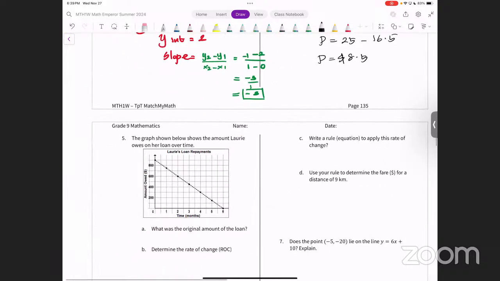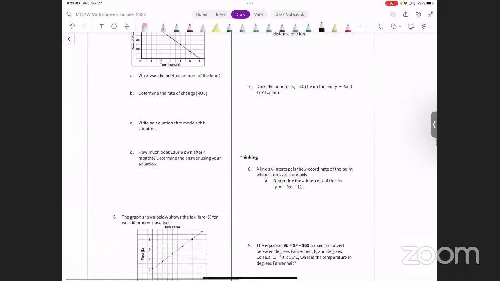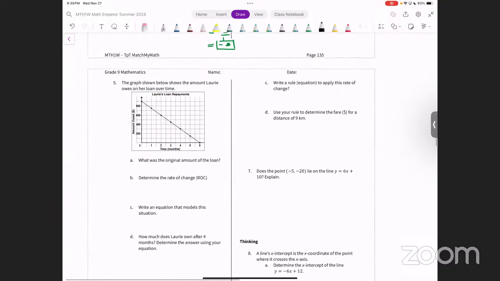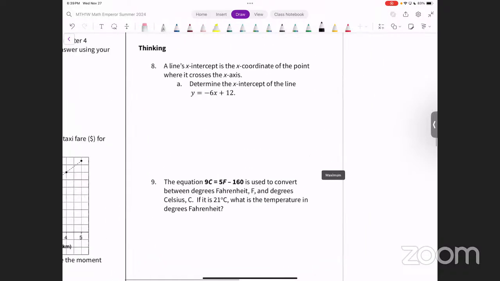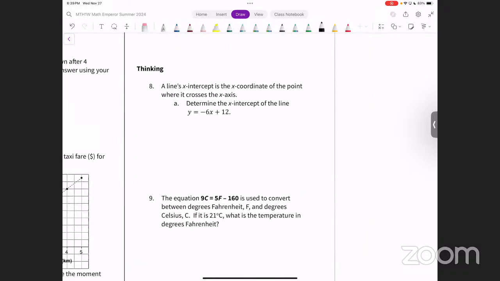All right, so there are some good questions. Let's go back to the thinking question. A line's x-intercept is the coordinate of the point where it crosses the x-axis. So the x-intercept is where it crosses the x-axis. Are you following that? Now, on the x-axis, what is the y-coordinate, Akshara?